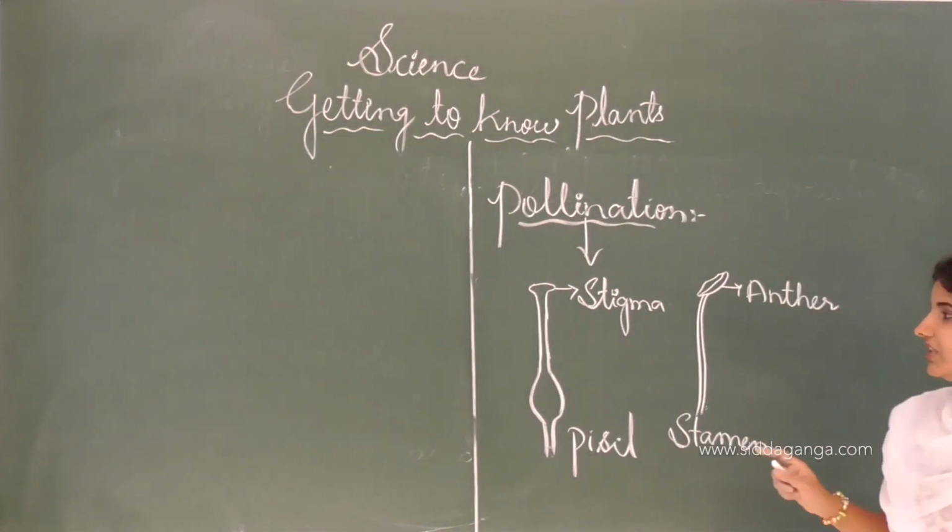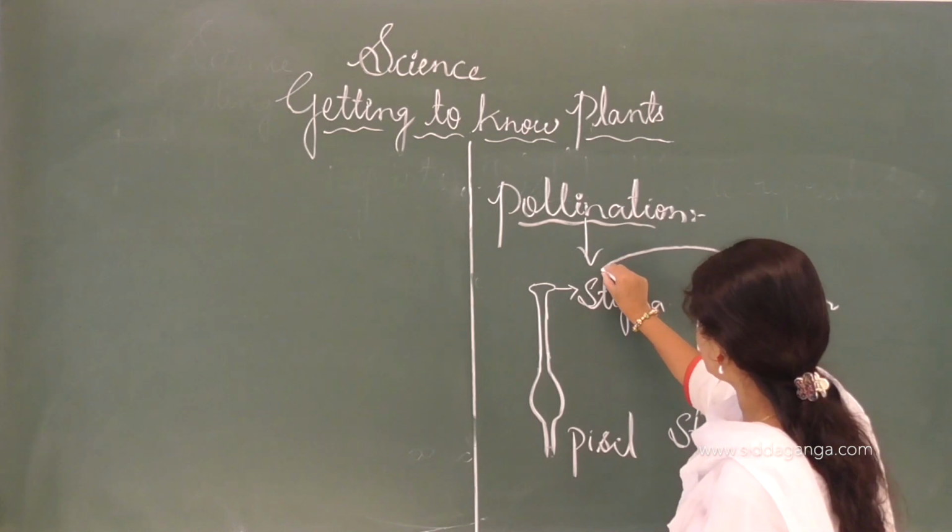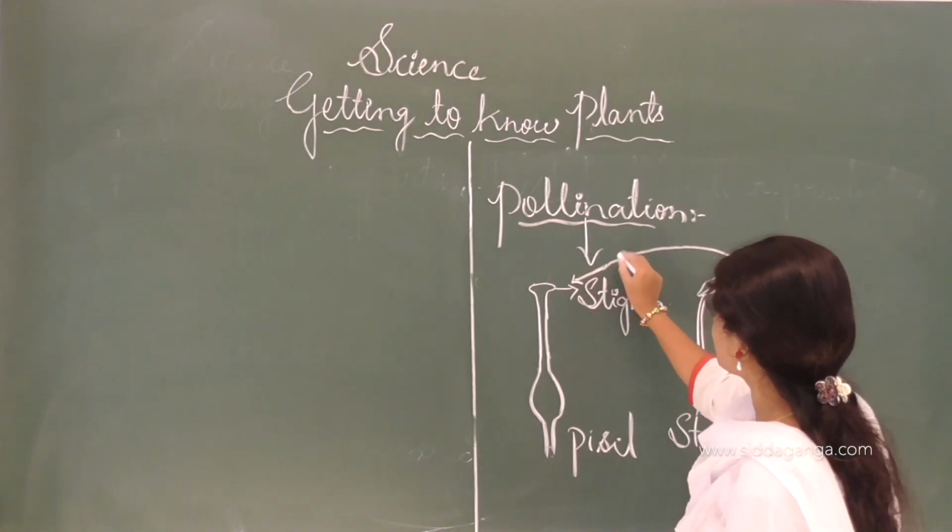See, as I told you, pollination is nothing but the transfer of pollen grains from anther to the stigma, which is called pollination.